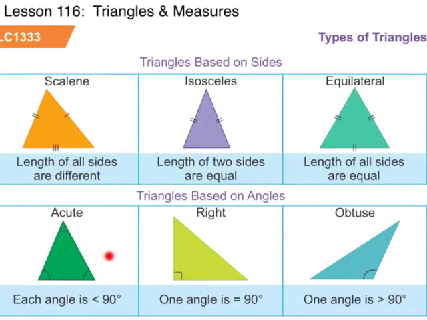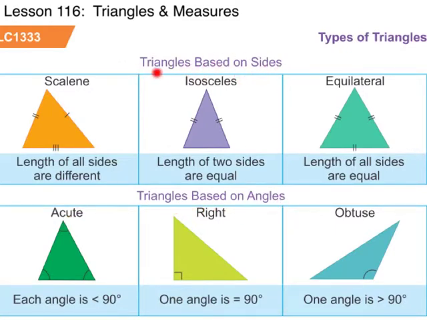And this is an acute triangle because it has 3 angles, and each one of those is less than 90 degrees. And then this is an obtuse because it has one large angle that's larger than 90 degrees. So these are what they're called when they're based on their angles.